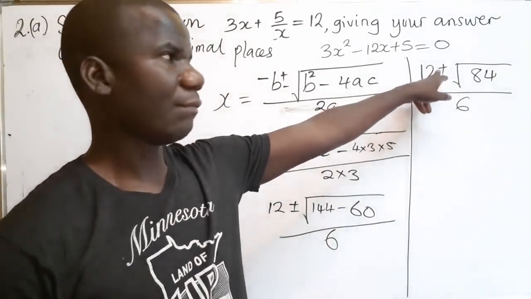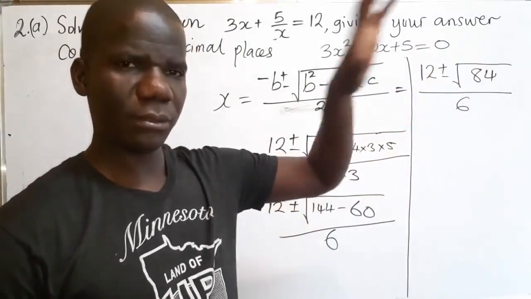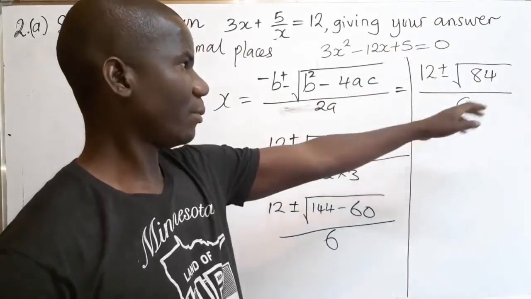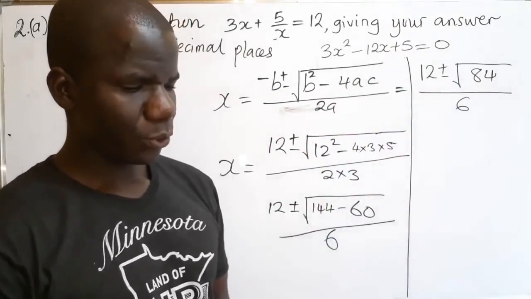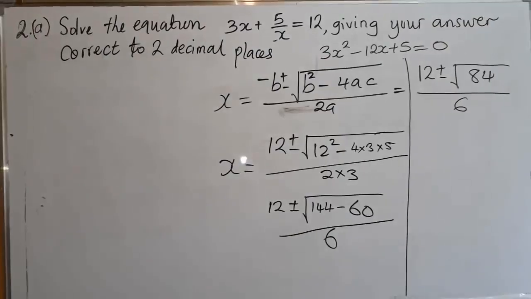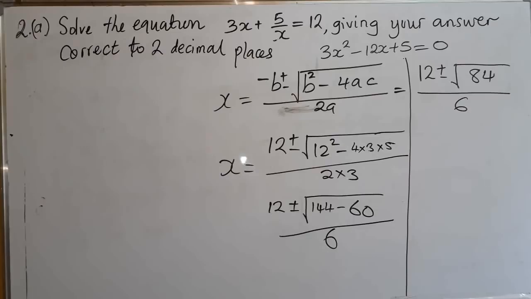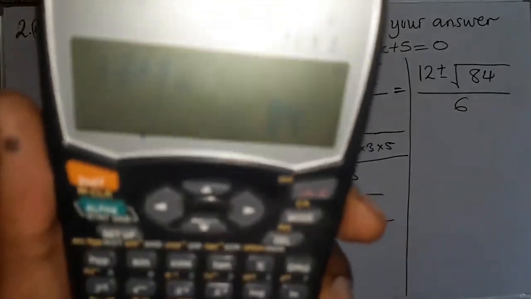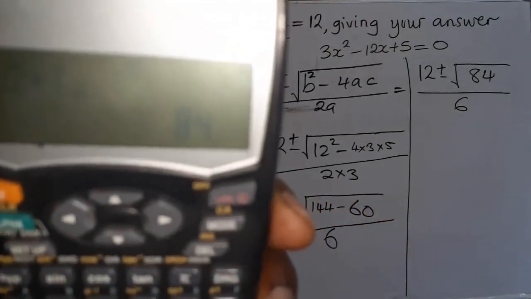The other one is going to come from a minus. So from this point, we'll start with, let me see if I can show you. We just say 12 plus the square root of 84. Are we able to see this?